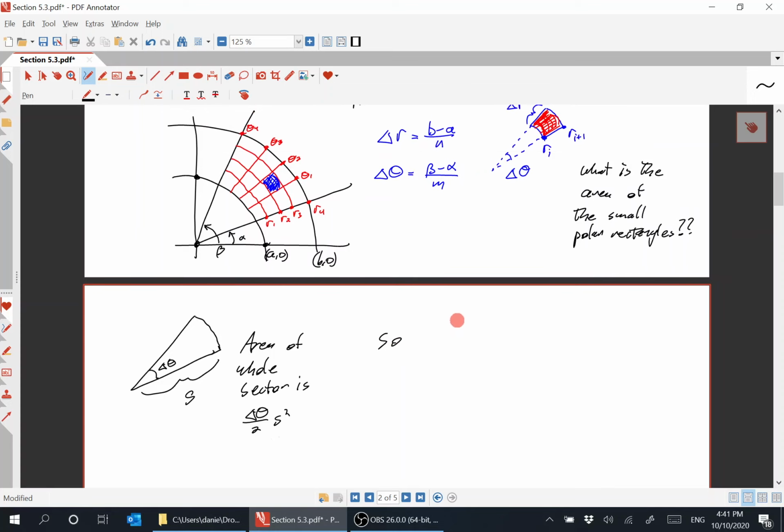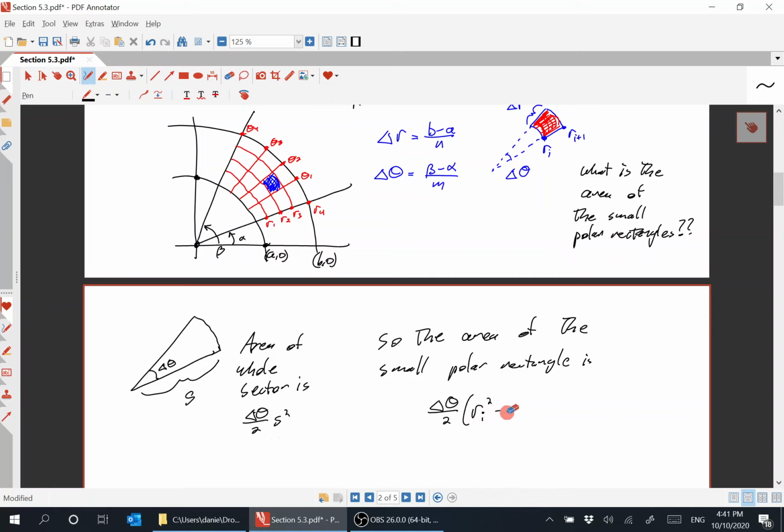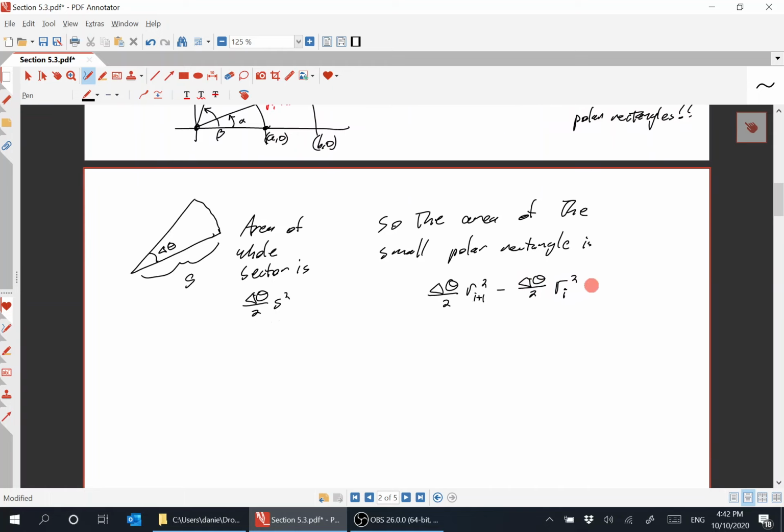So the area of the small polar rectangle here is the area of the outer sector minus the area of the inner sector. So it is delta theta over 2 times R_{i+1} squared, minus delta theta over 2 times R_i squared, which is equal to what?